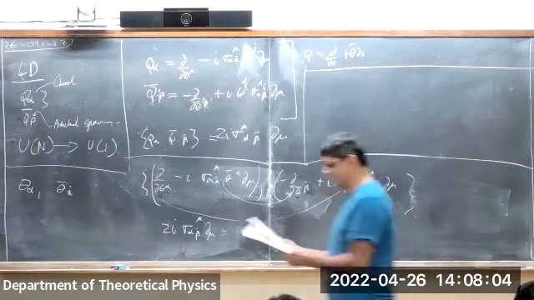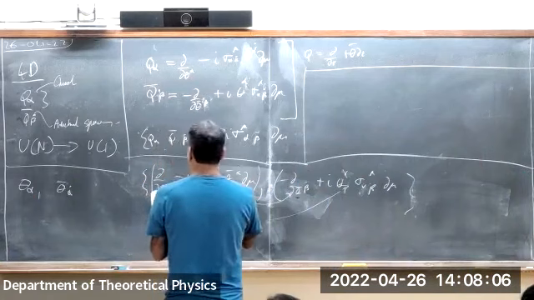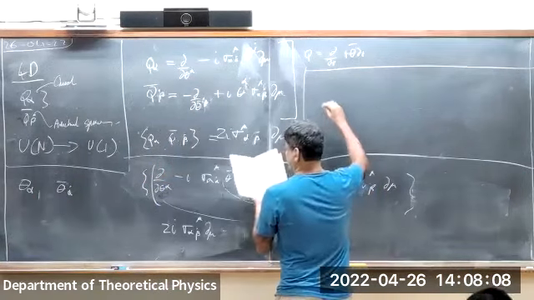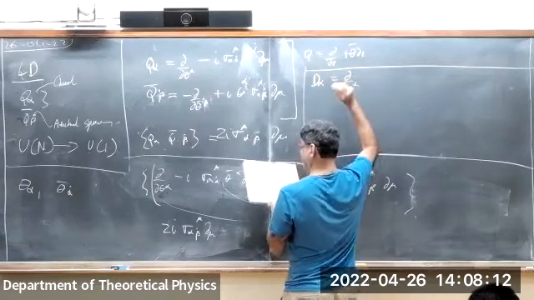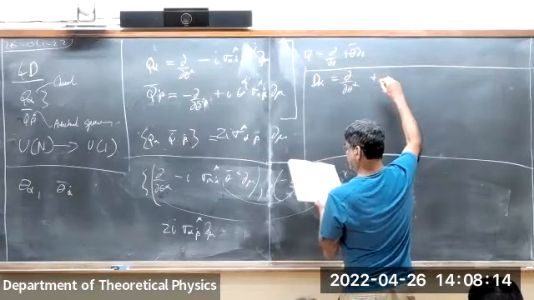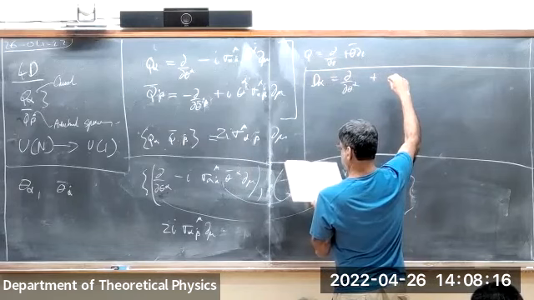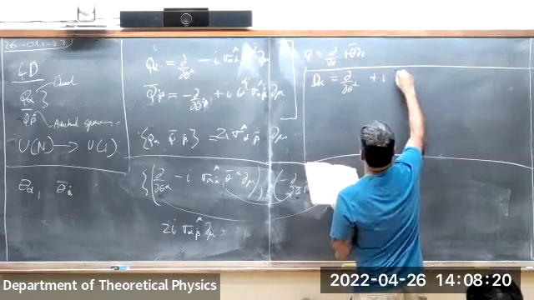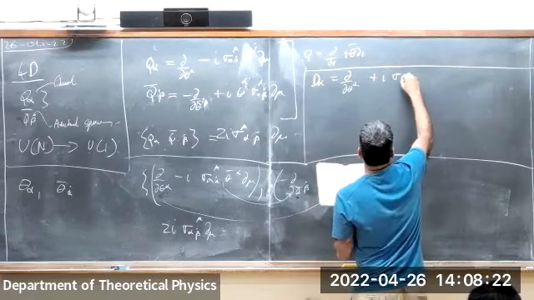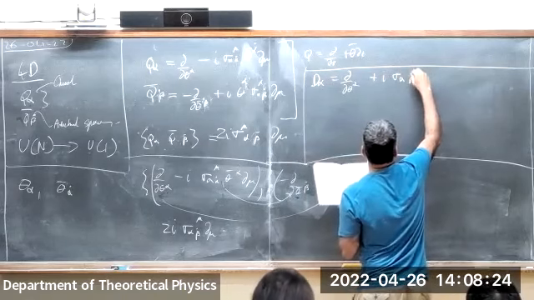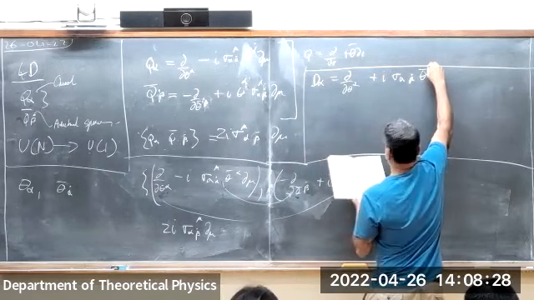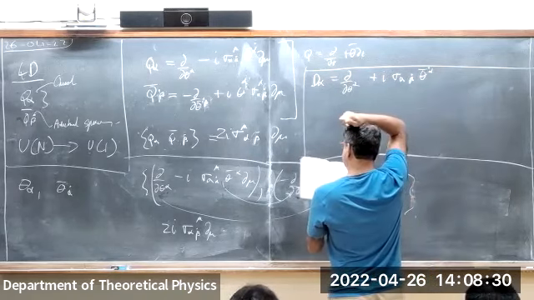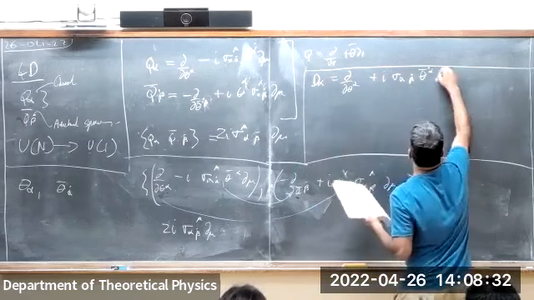So let's check that. Once again, we make similar definitions. D alpha is equal to del by del theta alpha plus i sigma alpha beta dot mu theta bar beta dot del mu.